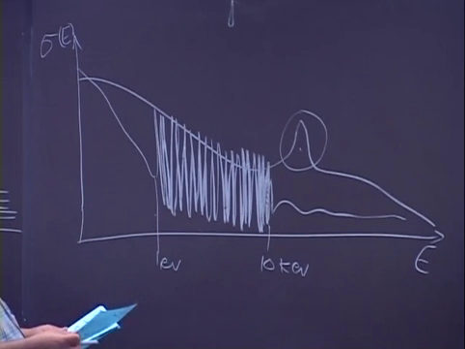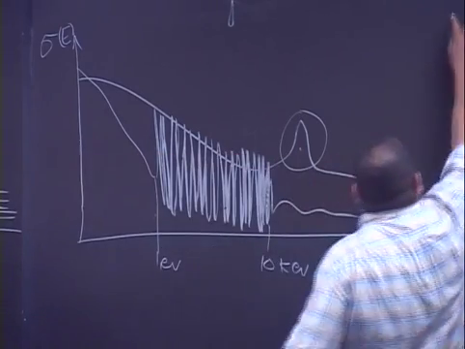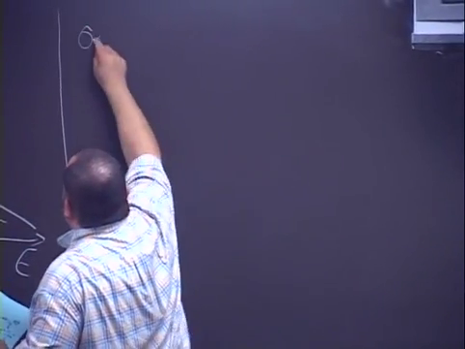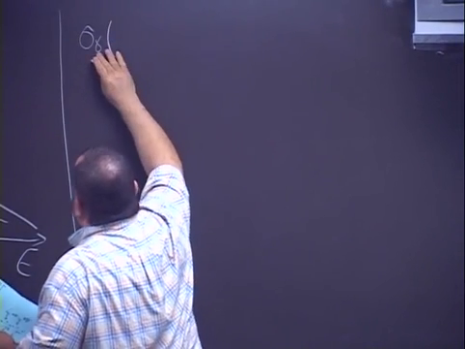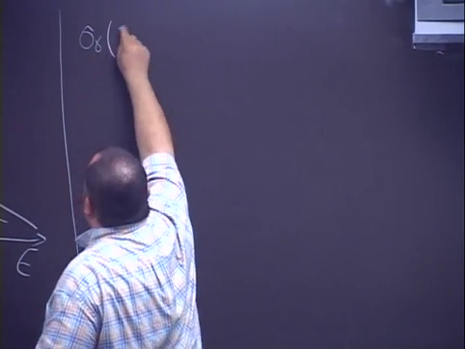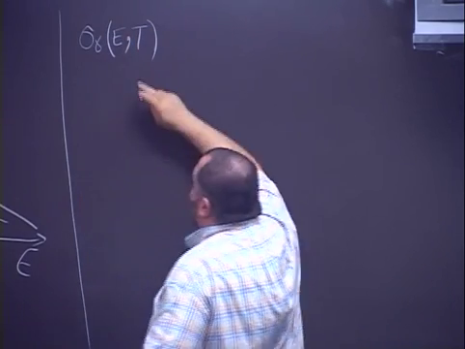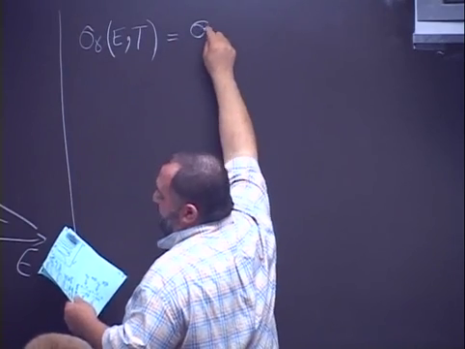If you remember from the first chapter, we said that sigma gamma, or the radiative capture cross-section, meaning that you absorb the neutron and then you emit just gamma rays, as a function of energy and temperature, was given by the Breit-Wigner formula.